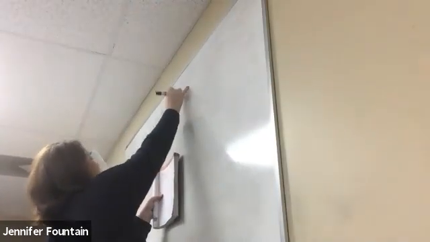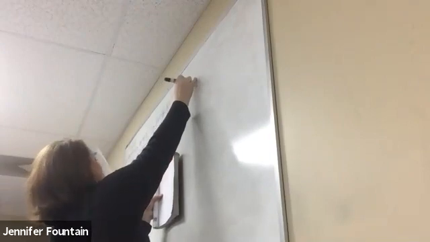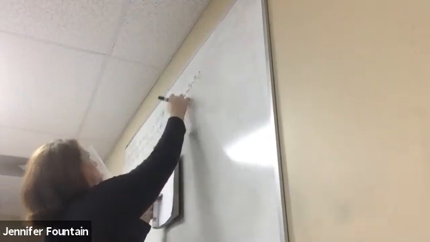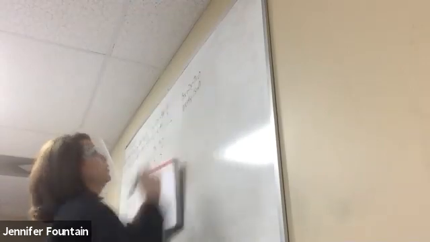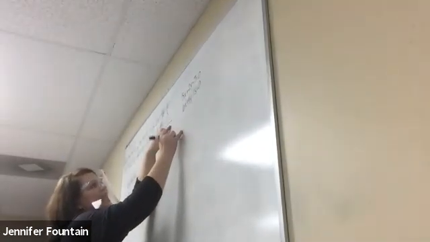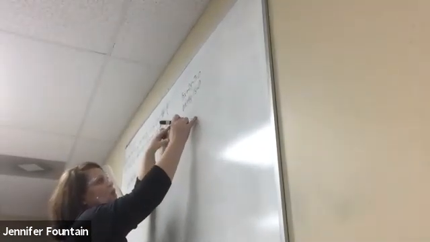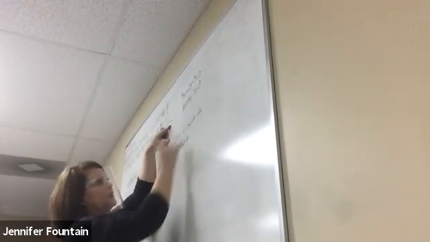We start out with 3x plus 2y minus 7 equals 0, and 6x plus 4y minus 15 equals 0. When I look at any linear system, the first thing I want to ask myself is, can I solve for y equals mx plus b?